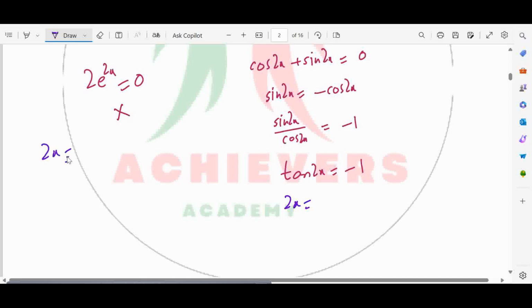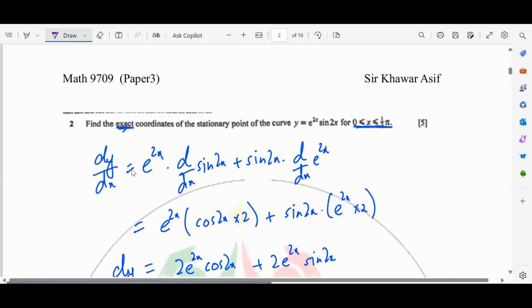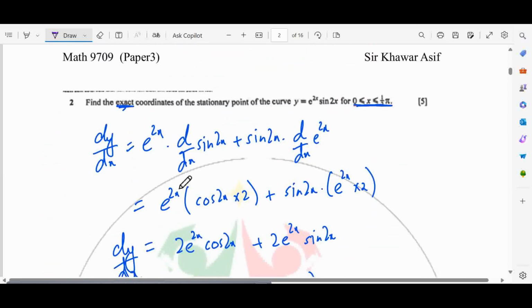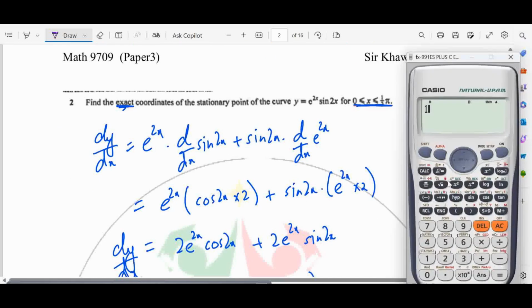So 2x will be equal to tan inverse of 1, because for the reference angle we have to take it positive. Now tan inverse of 1, but keep this thing in mind that your calculator should be in radian mode. So shift tan inverse of 1 will be equal to pi by 4.